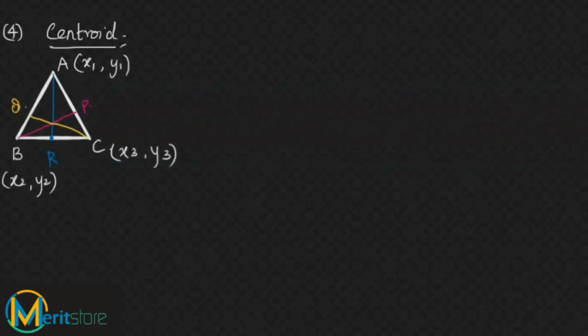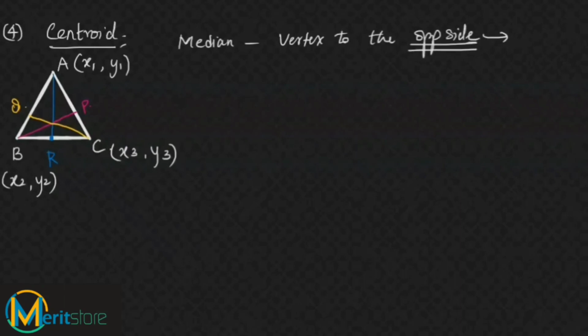Now, what's a median? A median is a line drawn from the vertex to the opposite side. And the special thing about the median is it divides the opposite side into equal parts. It bisects the opposite side. So here, R becomes the midpoint of BC.